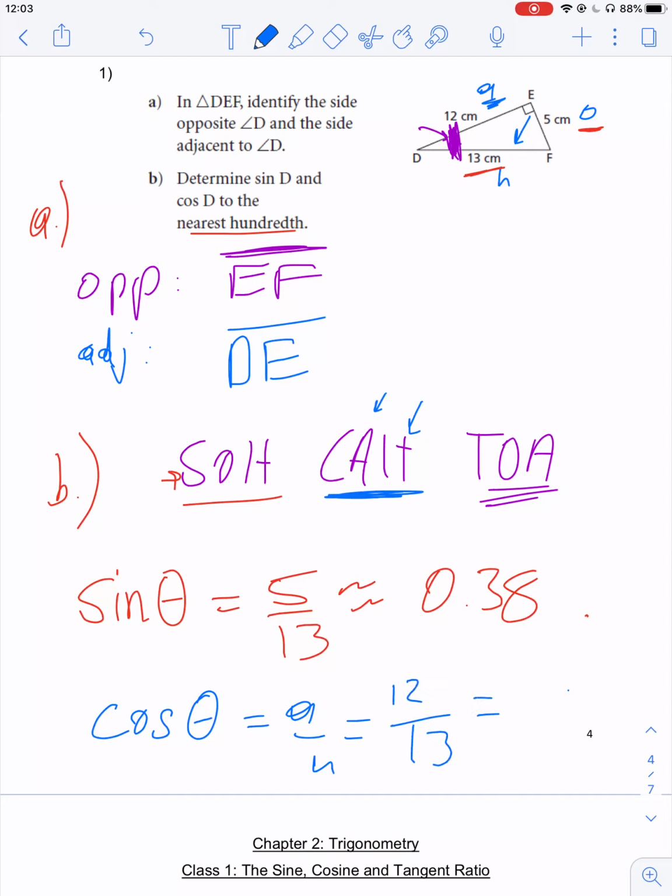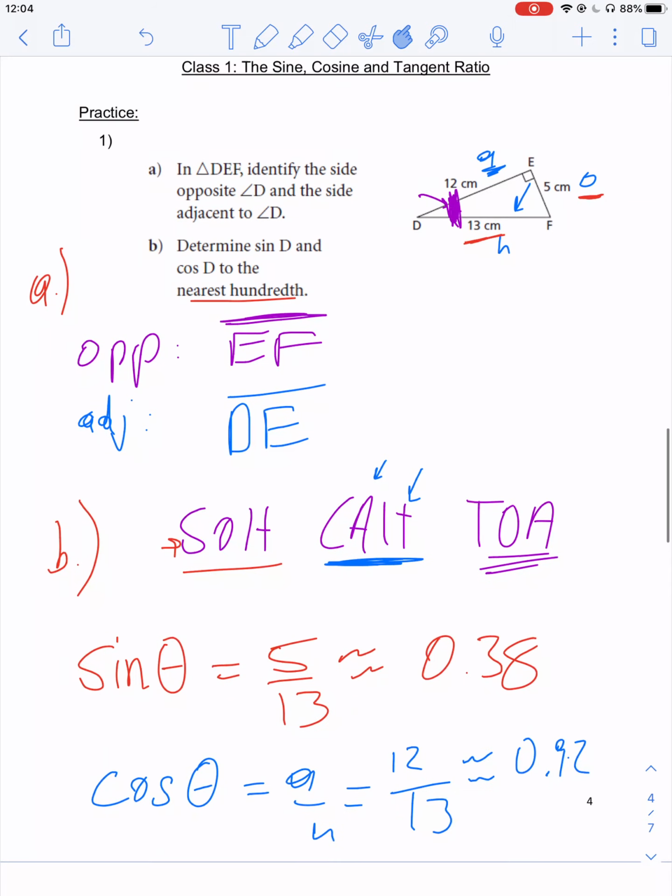So just do 12 divided by 13. And again, I should probably use the approximation symbol. So this is approximately 0.92. This just gives you a ratio that is very useful to solve for the unknown side, which is what we're going to do in the next example.